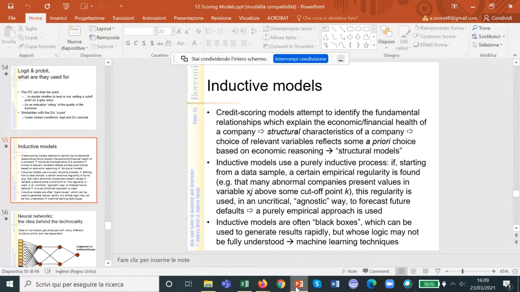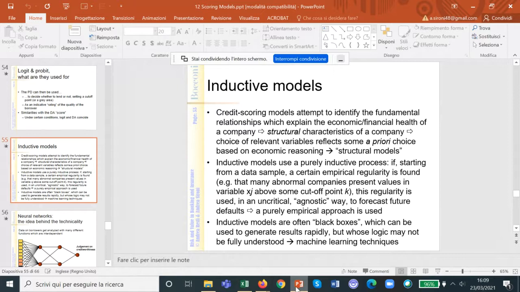What is the idea behind these models? Well, you know, I don't care. I don't know what are the economic features that explain a default. I simply try to recognize, let's say, regularities, okay? Empirical regularities. So I don't know actually what explains the fact that a company defaults or not. What I do, I construct, say, hundreds of variables with the financial data of the company, with the behavioral data and so on.